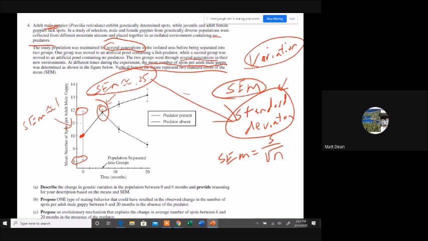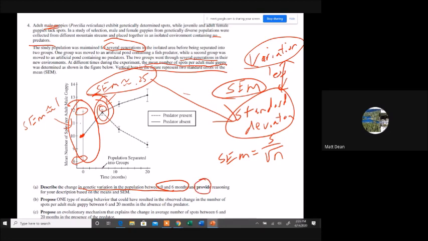And if the standard deviation is smaller, that means there's less variation. So if you look at the question, describe the change in genetic variation in the population from 0 to 6 months. Here there was lots of variation because of the big SEM and big standard deviation. Here there wasn't much genetic variation because of the small SEM, small standard deviation. So essentially how you want to answer this question is you want to say that the amount of genetic variation drastically decreased between 0 and 6 months.